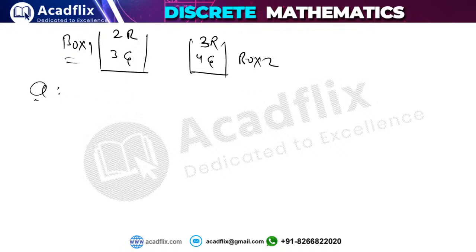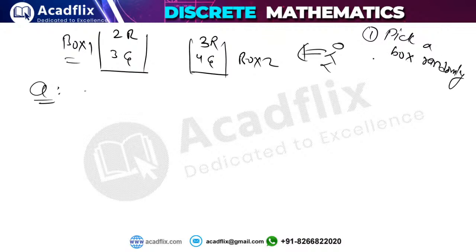Now what will you do? You will pick any of the box randomly. So basically the first thing that you will do is pick a box randomly. These 2 boxes are in a room.